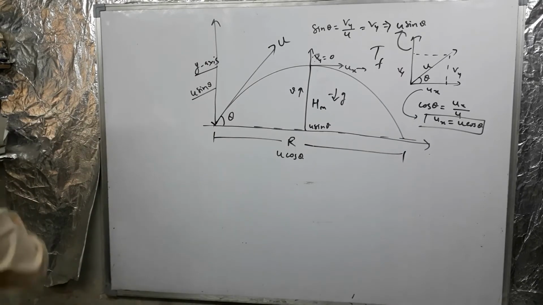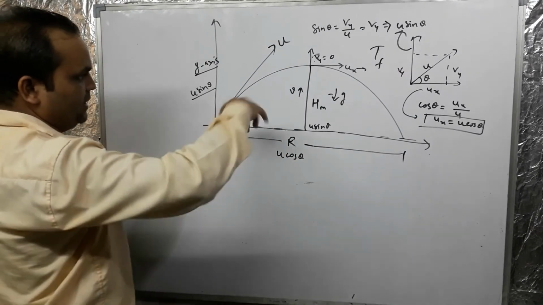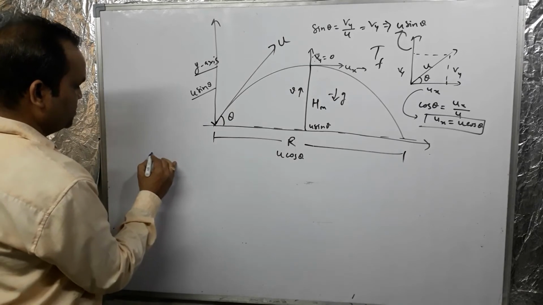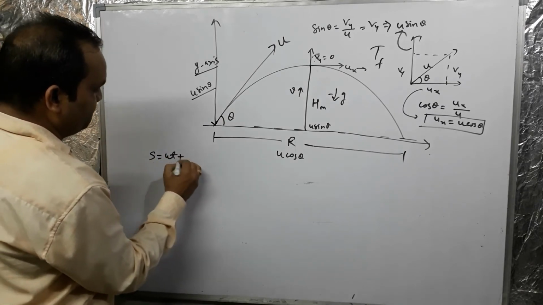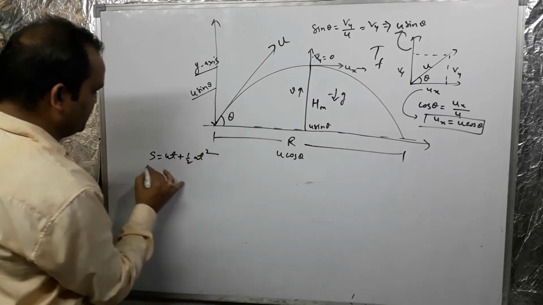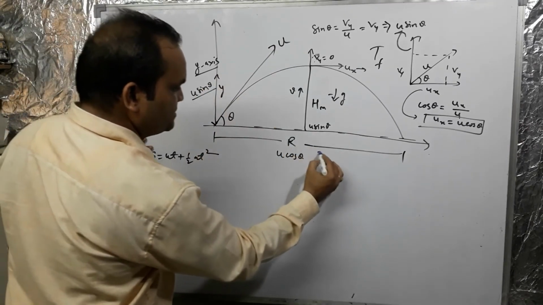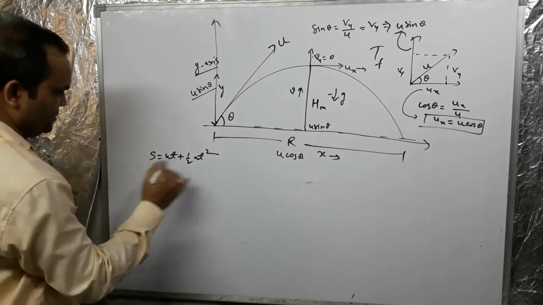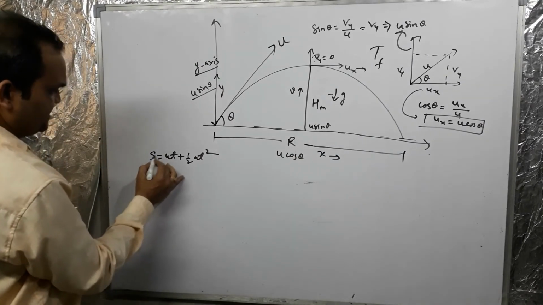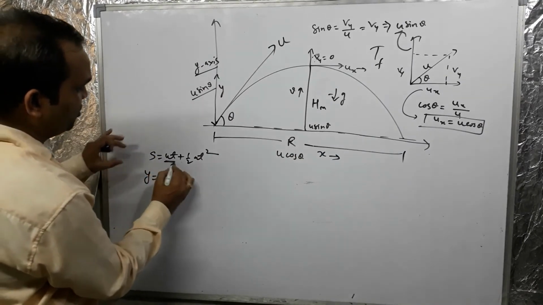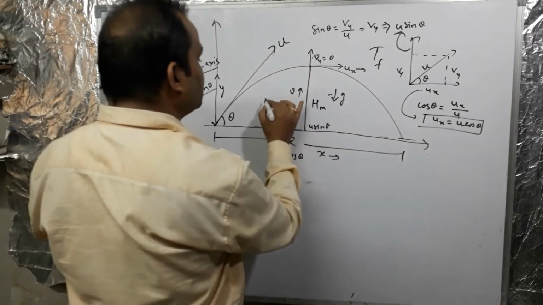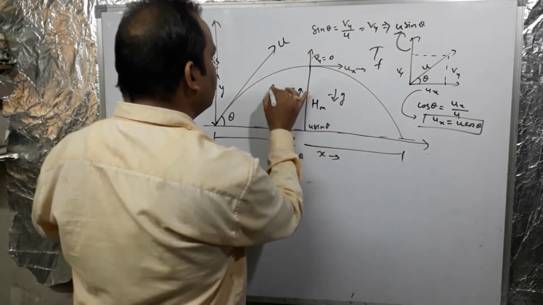Okay, and here we are going to find out the equation of the trajectory. So s is equal to ut plus half at square, the third equation. Here s is y in the vertical direction, and u in the vertical direction is u sin theta. Yes or no? Yes, u sin theta.